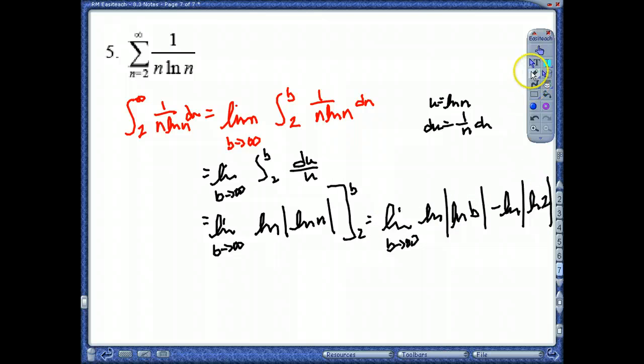Well, the natural log of b here, when b gets really, really big, this is going to go to infinity. Infinity minus the natural log of 2 is still infinity, which means we diverge, which means our series diverges. And we write it out. Okay. Alrighty, I will see you back in class.